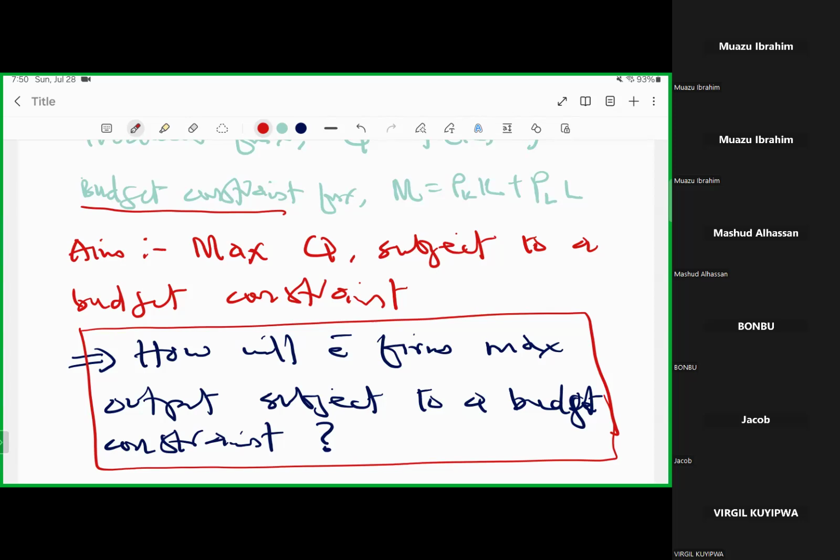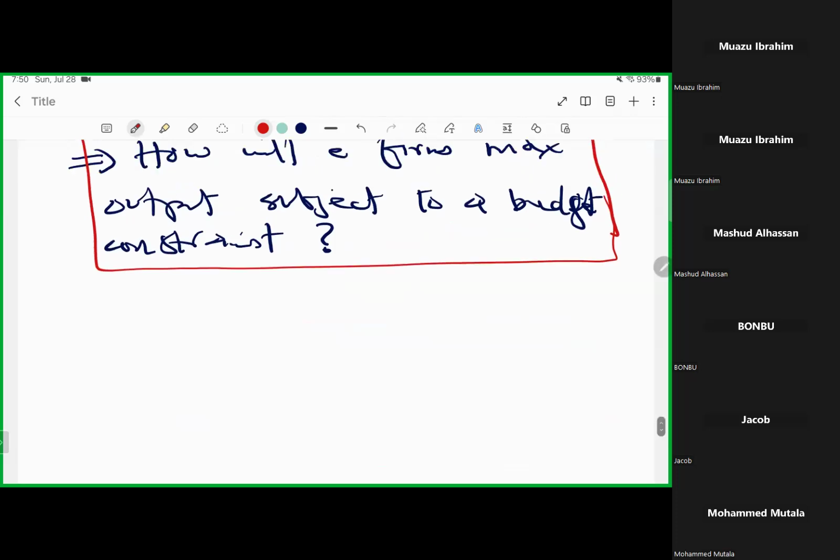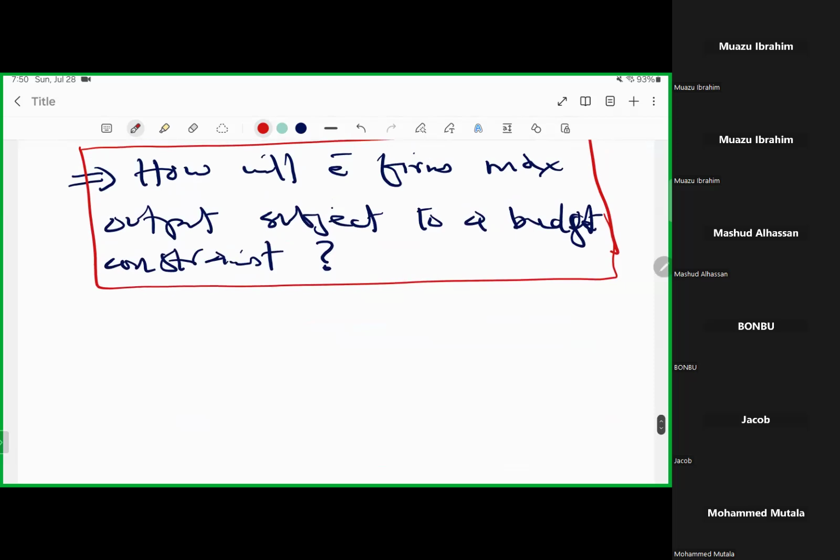Now, to answer this particular question, you will need to use what is called a constraint problem. Remember, you want to maximize output, but you are constrained by budget. You want to maximize revenue, but you are also constrained by, say, cost.